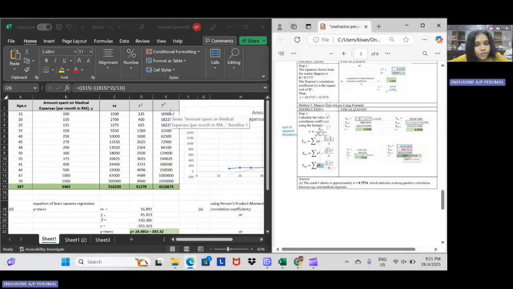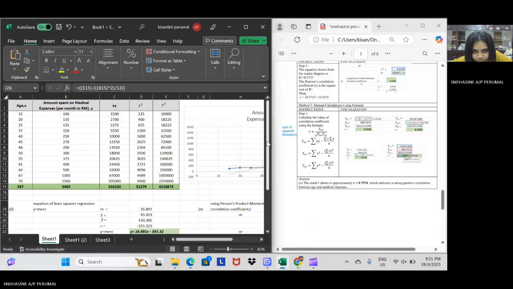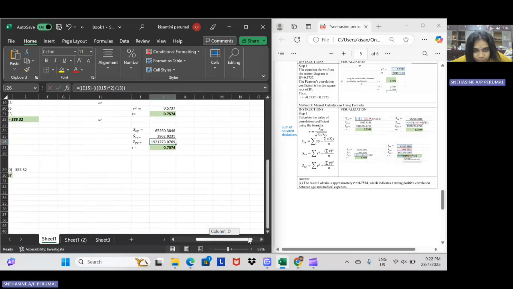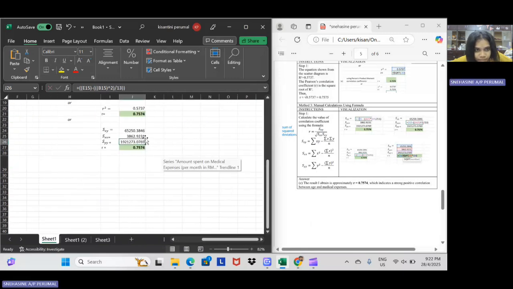No bracket means you have to use the sum of Y squared, so 4218675. After that, minus, you can see that it is outside the bracket, so you use the Y sum, which is 5465, then square it and divide by n. So you will get this answer.